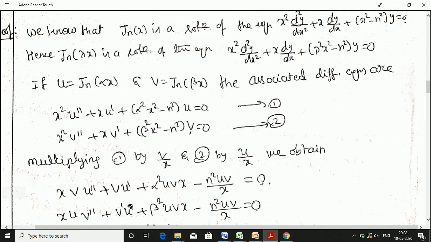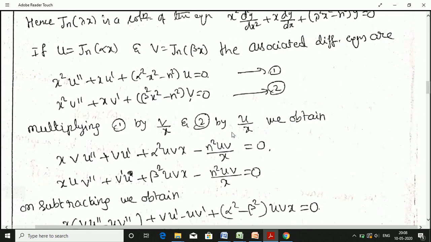We'll call these equations 1 and 2. Multiplying equation 1 by v by x and equation 2 by u by x, we obtain: multiplying by v by x, 1x gets cancelled, x into v into u double dash, x gets cancelled, v into u dash plus alpha square uvx minus n square uv by x equal to 0.